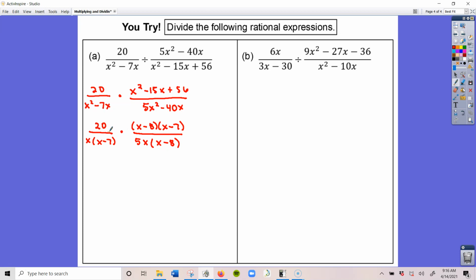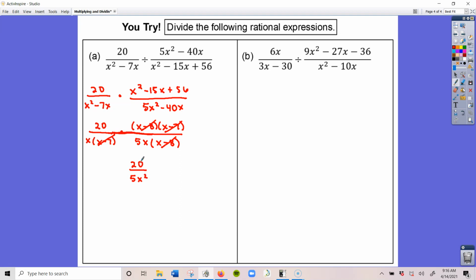Now again, since this is now multiplication, I can turn this into one giant fraction and start canceling. I can cancel out these x minus 8s as well as this x minus 7. So the only thing left in the numerator is 20 over, and then I have this x times 5x, which is 5x squared.